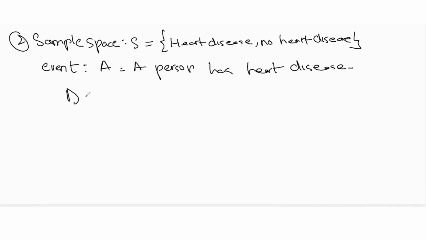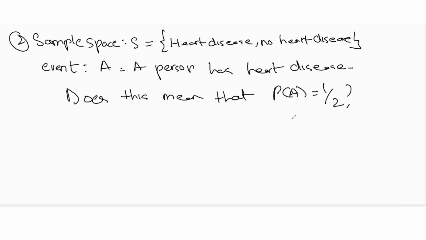Does this mean that the probability of A is 1 by 2? Right? But this does not reconcile with reality.